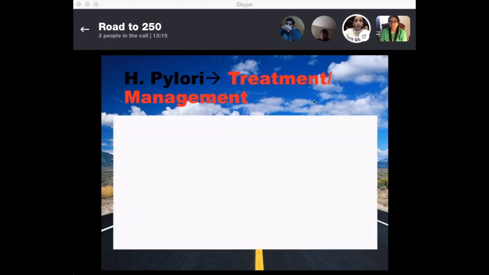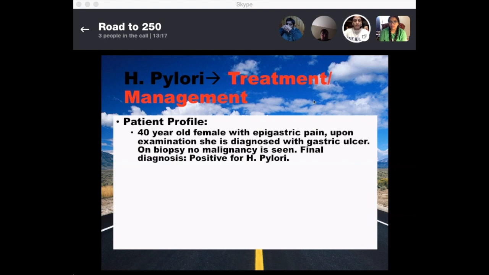Okay, so a little bit more about treatment and management. So if we had a patient who's a 40-year-old female, has epigastric pain, and the doctor does an examination and has diagnosed her with a gastric ulcer, and then to confirm the diagnosis on biopsy, the doctor sees no malignancy, and she is positive for H. pylori.